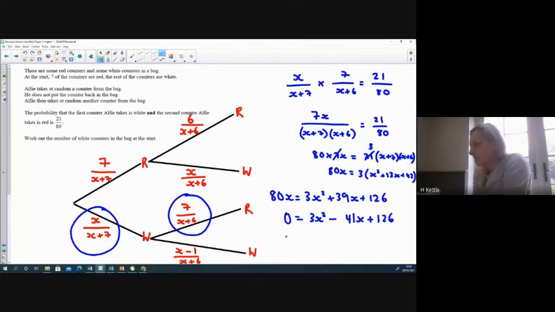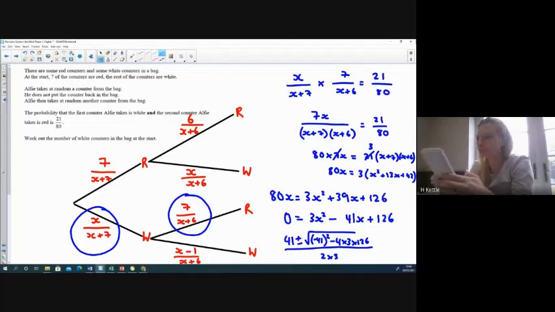So minus b plus or minus the square root of b squared minus 4 times a times c, all over 2a. So typing that in my calculator, let's see what we get.